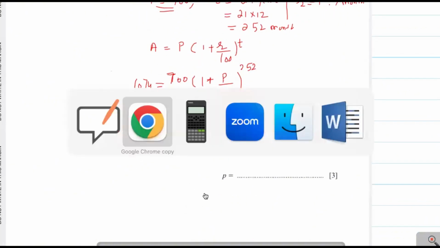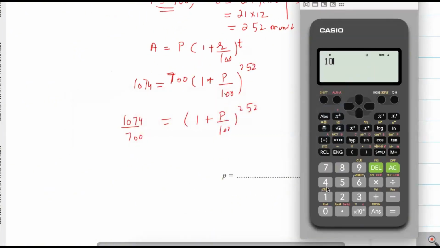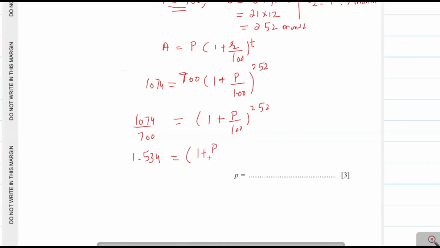And we write this value here, 1074 divided by 700. This will be equal to 1.534 equal to 1 plus P over 100 whole power 252. We take the 252 root on the left side, and we will take the 252 root of 1 plus P over 100 whole power 252.